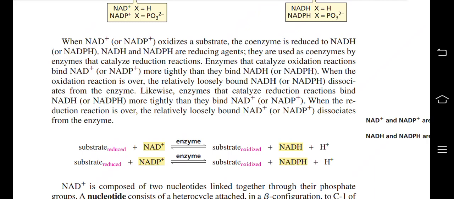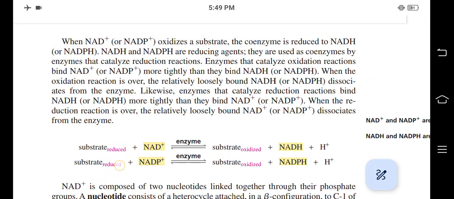When the oxidation reaction is over, the relatively loosely bound NADH dissociates from the enzyme. Likewise, enzymes that catalyze reduction reactions bind NADH more tightly than they bind NAD+. When the reduction reaction is over, the relatively loosely bound NAD+ dissociates from the enzyme.